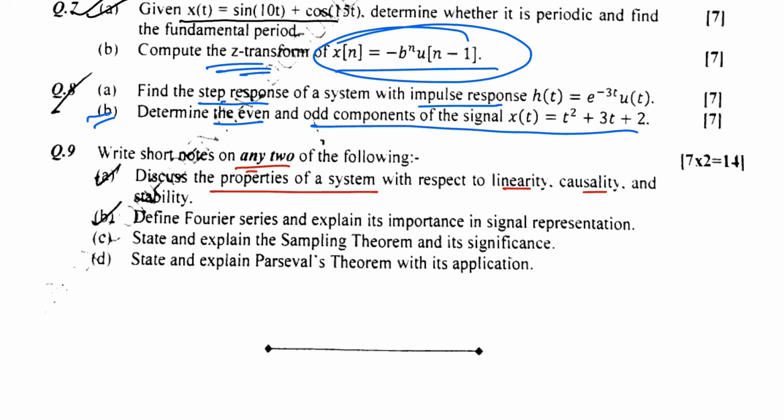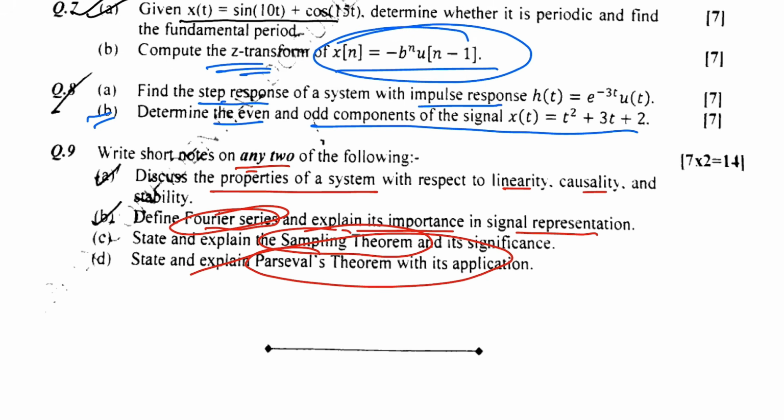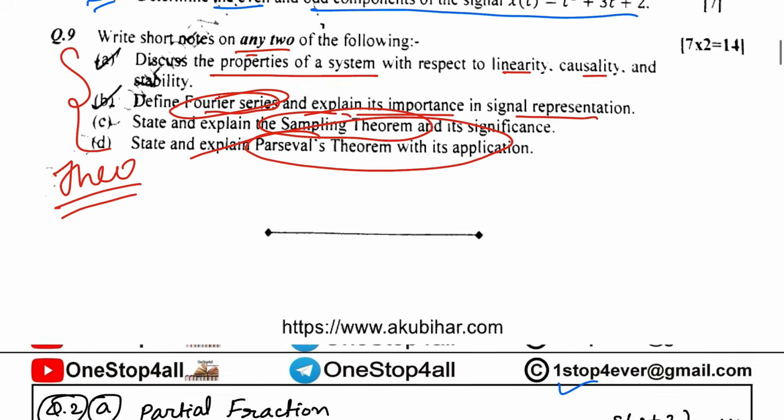Then B is the Fourier series and explain its importance in signal representation. Third is about the sampling theorem, and fourth is the Parseval's theorem and its application. These are all 4 theory questions. You may refer to the previous lectures.